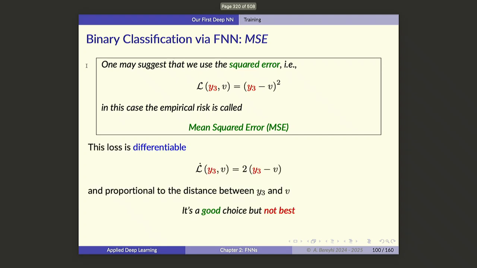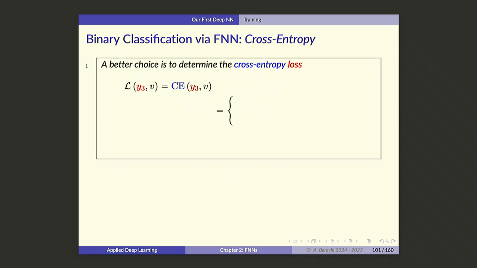But we said this is not the best idea, even though this is differentiable, so we don't have any problem. Now we can backpropagate over our architecture, but this is not the best idea. And the reason was that it was not strict enough in penalizing getting out of the region, right? And the better idea was to just think about two probabilities and write down the cross entropy.